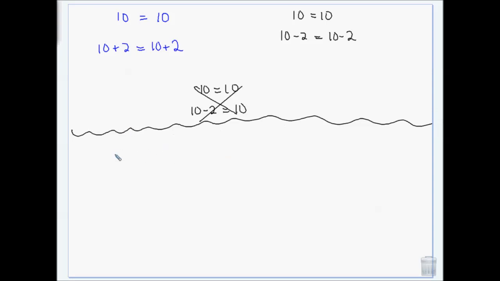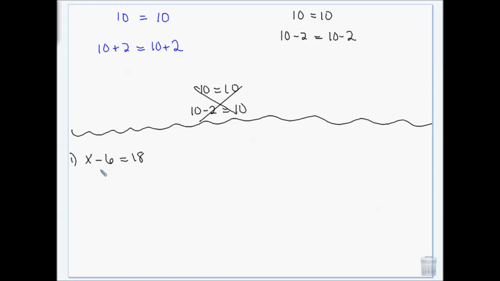So if I have x minus 6 equals 18, and I want to know what does x equal. To find out x, I had some x, and I took 6 away from it. So to find out what x was, I would put the 6 back in. Does that make sense? So if I took 6 away, I give it back.